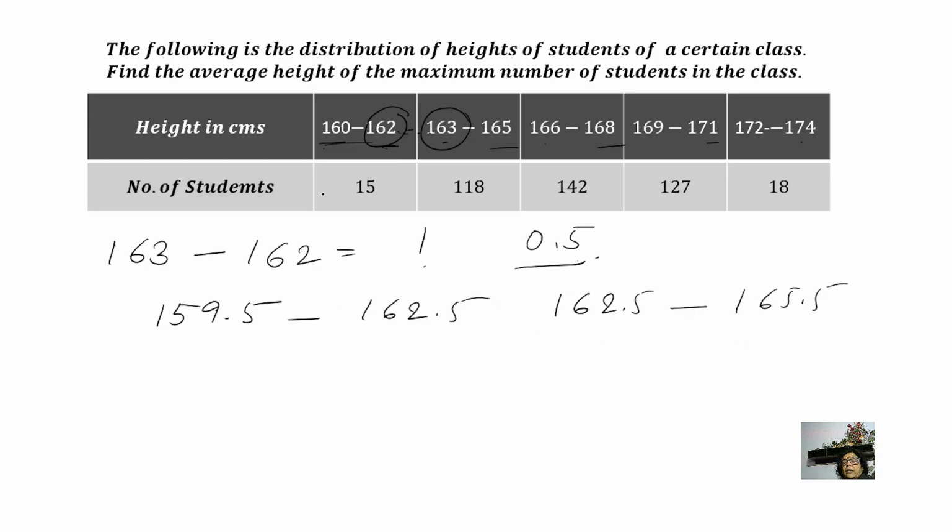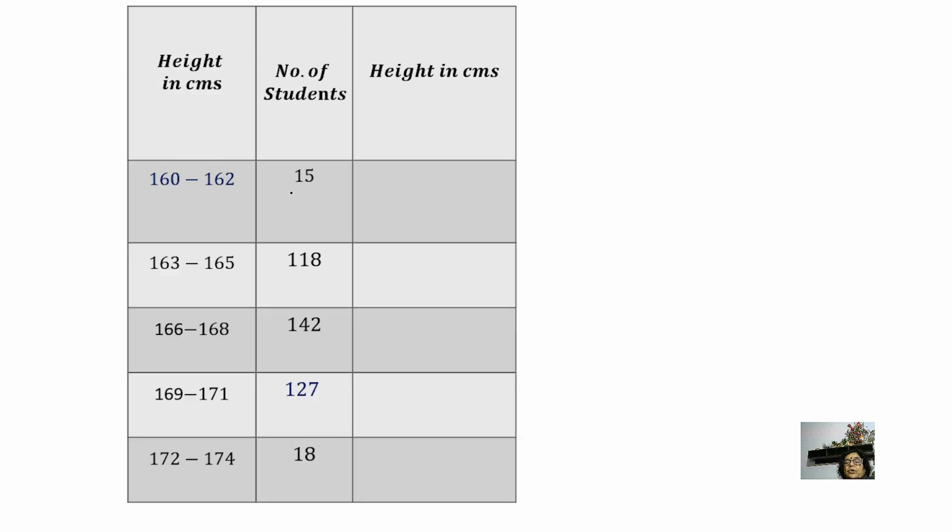So again, another important thing that you can notice is when it was in the inclusive format, the class interval was 2. But now the class interval has become 3. So now let us calculate the mode of this data. So when we write down this over here, this will become 159.5 to 162.5. This is 162.5 to 165.5.